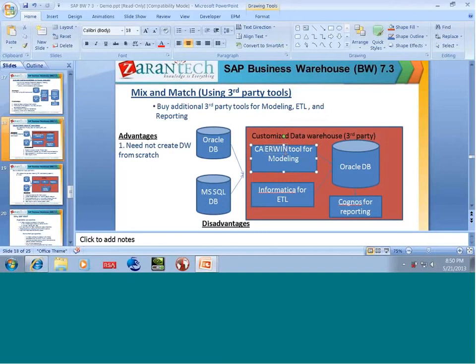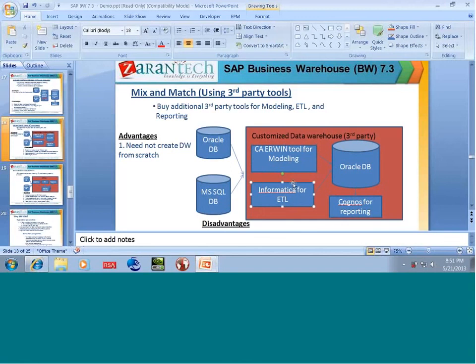So this company goes and buys the data modeling tool. Again, somebody else recommends a very good ETL tool available in the market, so this company buys another third-party tool called Informatica, which is famous for ETL processing. Again, for reporting, it can buy another third-party tool called Cognos, which is also a very popular reporting tool. So this company buys all these different third-party tools.